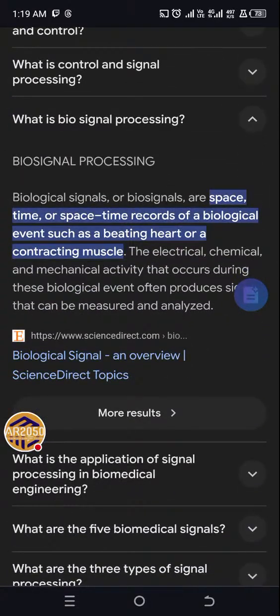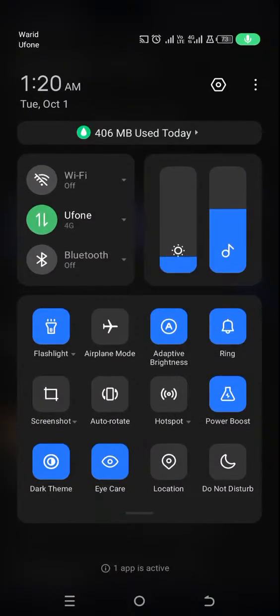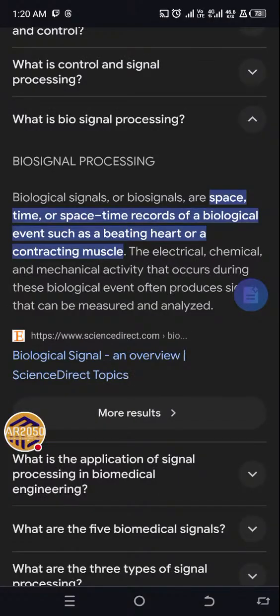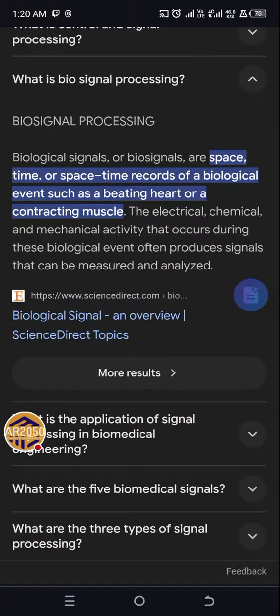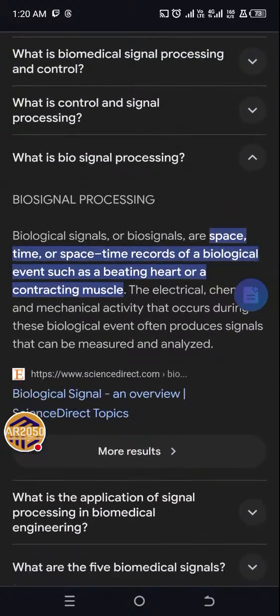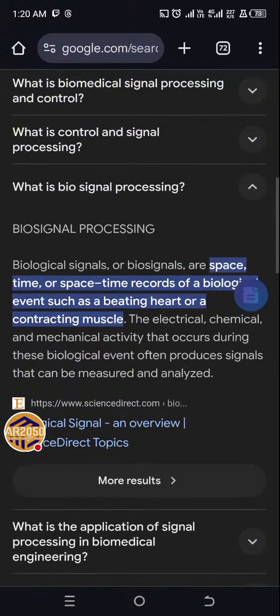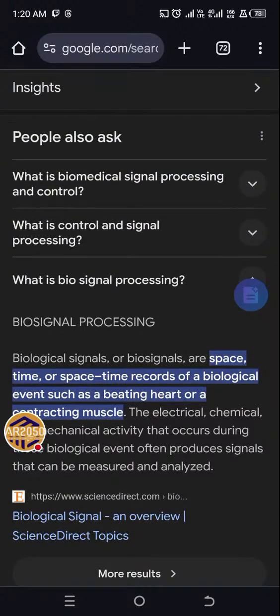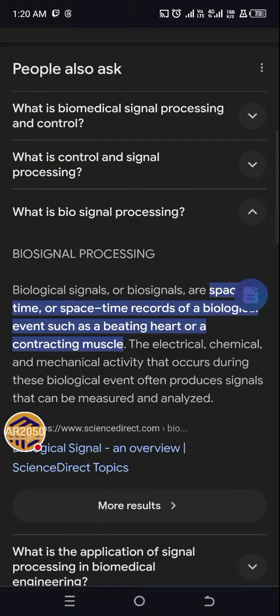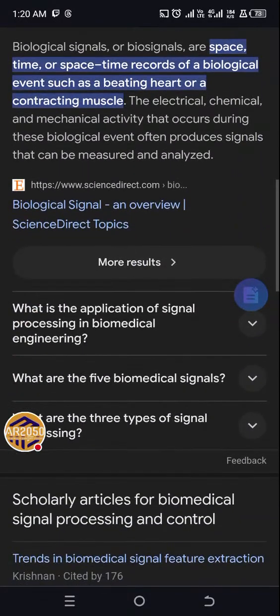Well, this is a space-time record of a biological event such as breathing, heartbeat, or contracting muscles. These are the kind of biomedical signals. The electrical, chemical, and mechanical activity that occurs during these biomedical events often produces signals that can be measured and analyzed. So whenever we measure and analyze biological events, these are the biomedical signals.